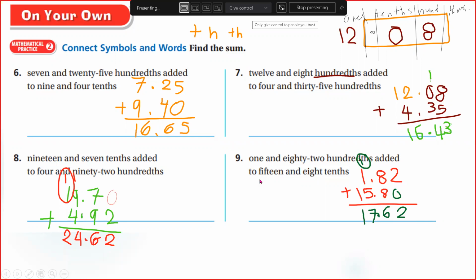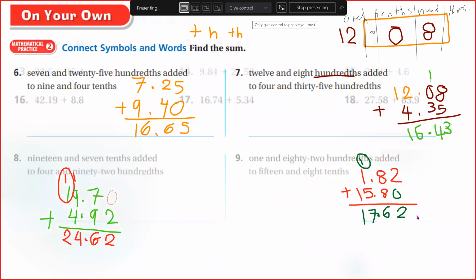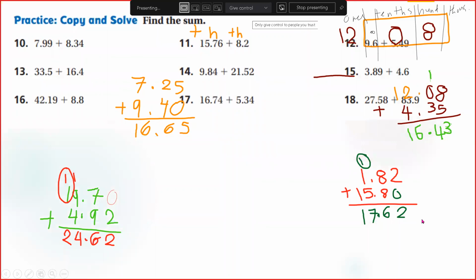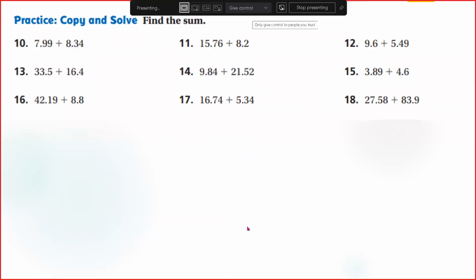Okay, now what's up? Yes, Mata. Number 10. 7.99. I want to add it to 8.34. What you have to do? 13. 9 plus 1, 10 plus 3.